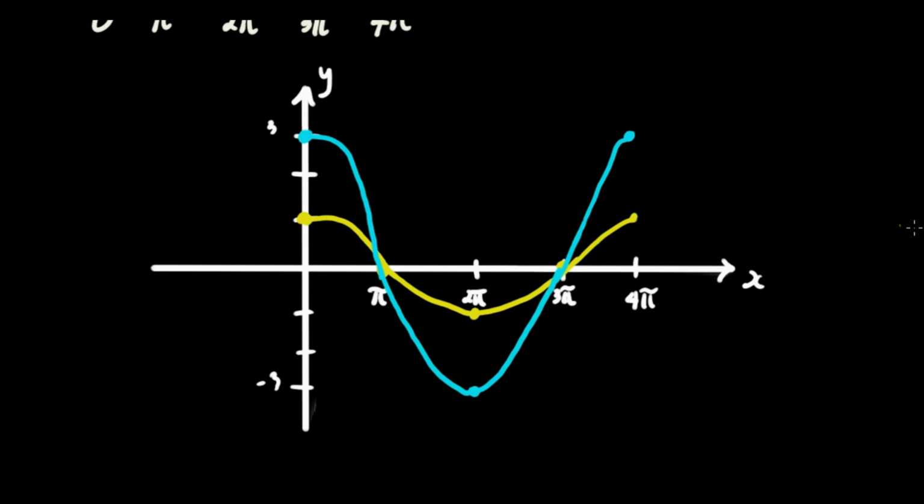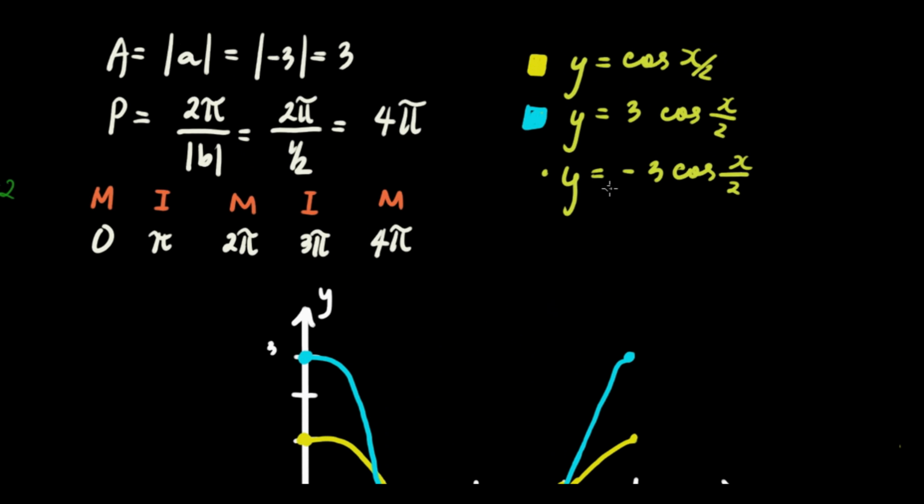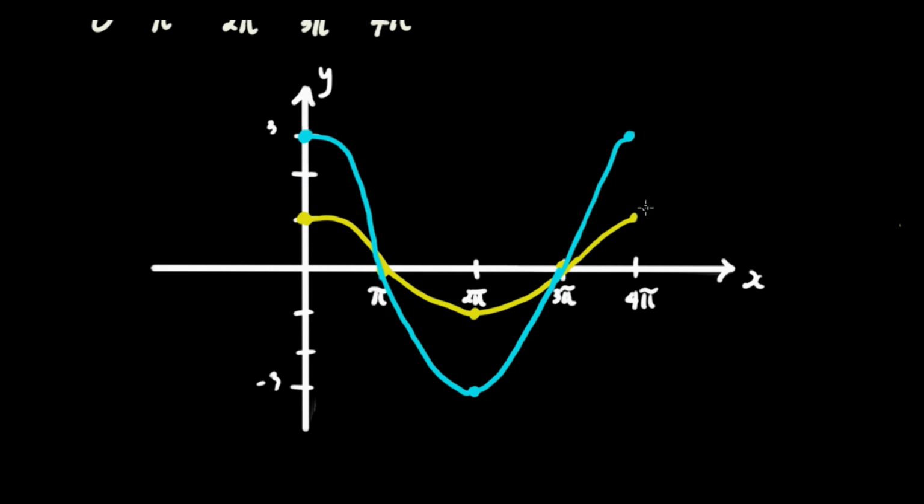Okay, now, ito na yung pag-usapan natin. Ano yung ginagawa ng minus doon? Actually, gagawin ng minus doon, mari-reflect yung graph mo. Or iikot siya along X. Mababaliktad yung graph eh.